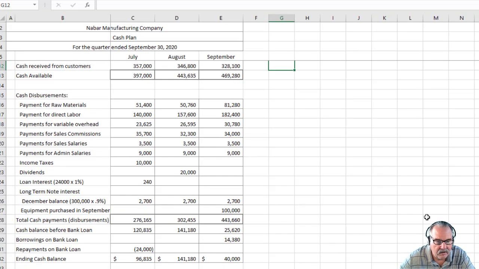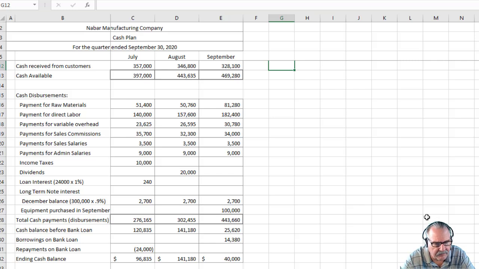So now we can pay off that $24,000 short-term loan. In other words, we have a line of credit with the bank that when we need cash, we can borrow, and when we have excess cash, we can pay it down. And that's what's happening here. We have $120,000 available.